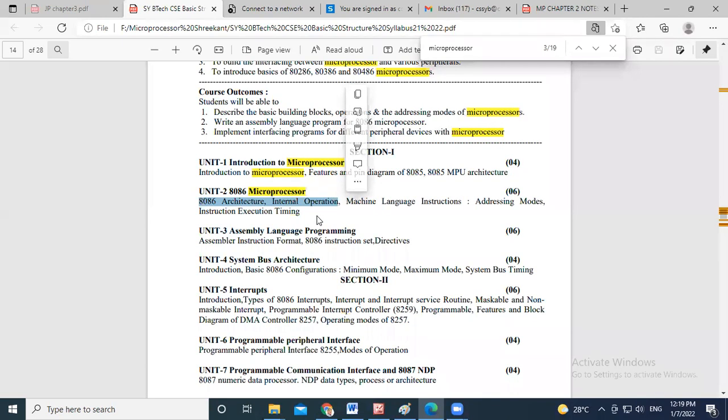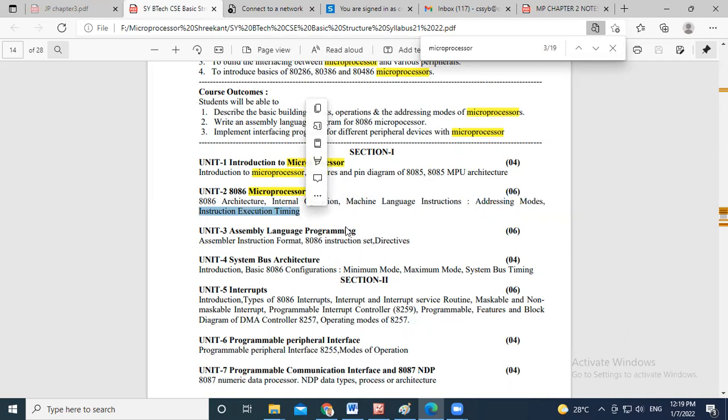Entire architecture as well as internal operation, meaning the working functionality of 8086 with a pin diagram, we have studied. Today I am going to start the next topic, that is machine level instructions. In machine level instructions, again mainly two topics are there: addressing modes and instruction execution timing.